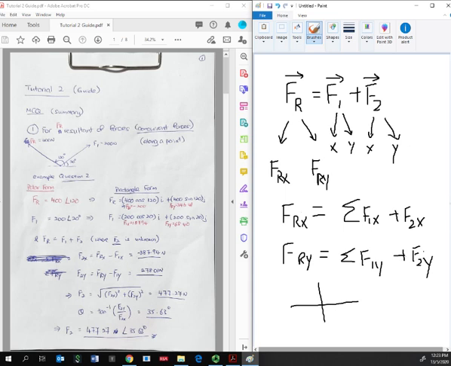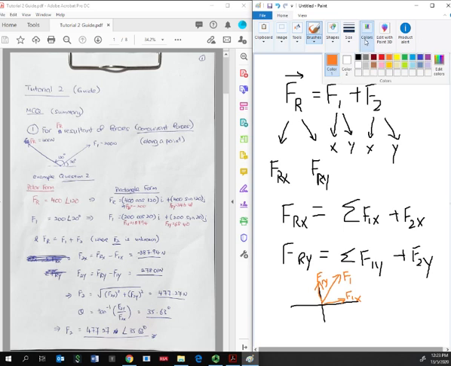If I have a few different forces here, presuming I have one force this way, this force will have x and y. Let's say this is F1, so this one will be F1y and this will be F1x.